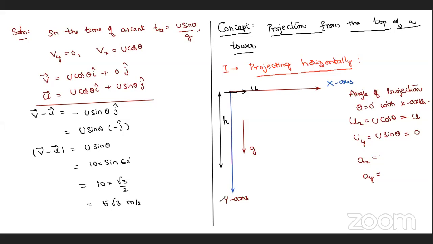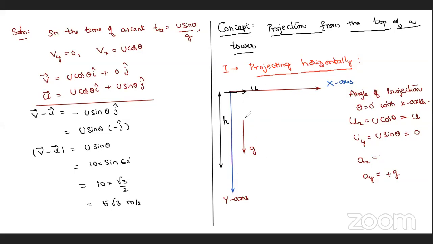Downward is positive y-axis. Now it is correct. Positive y-axis means along y-axis this is plus g. So g is along positive y-axis only, which means ay equals plus g according to my convention, coordinate system here.